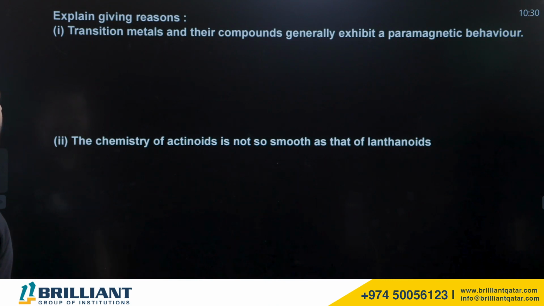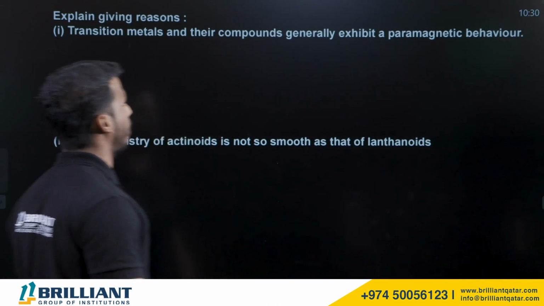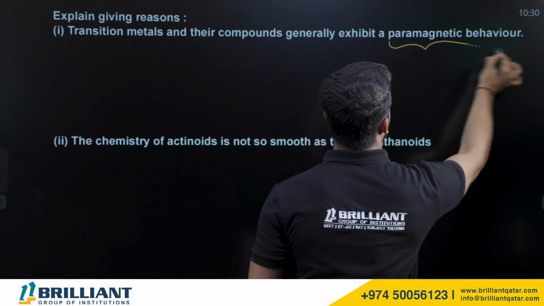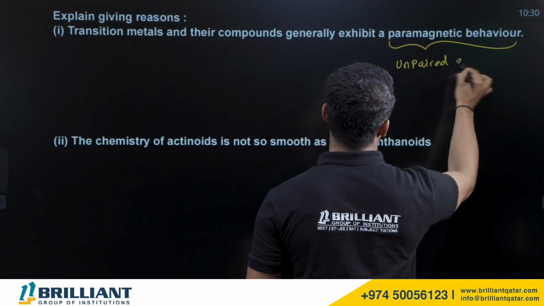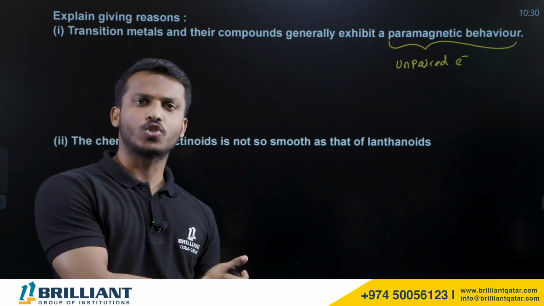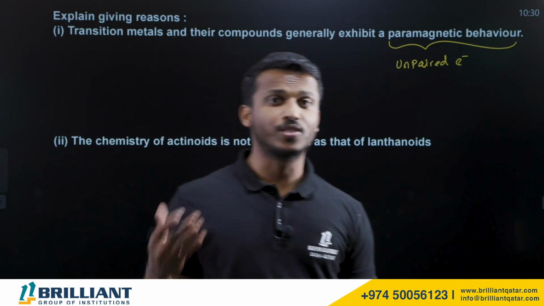Then, explain giving reason: transition metals and their compounds generally exhibit paramagnetic behavior. Simple question, you know, dear student: in order to show paramagnetic character, they should contain unpaired electrons. Yes or no? They should contain unpaired electrons. We already observed that transition elements have unpaired electrons. What is a transition element?